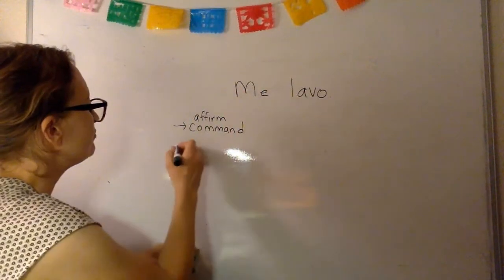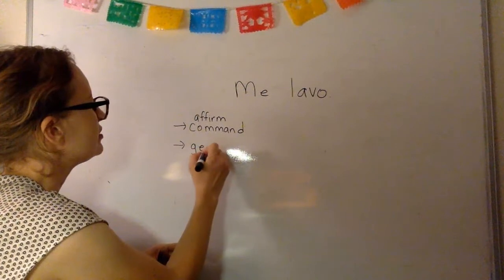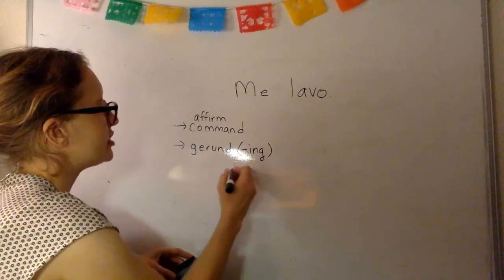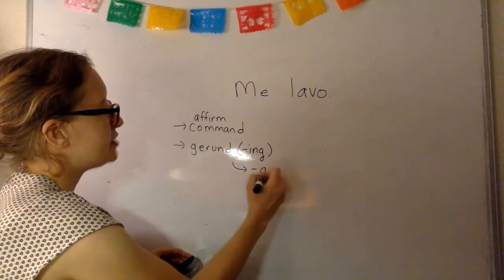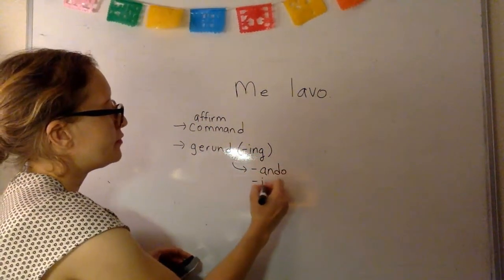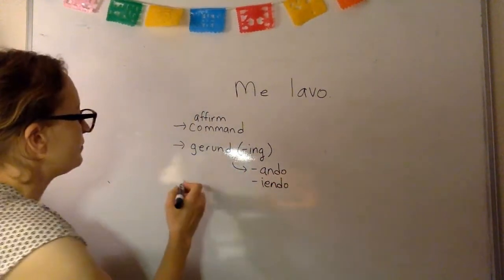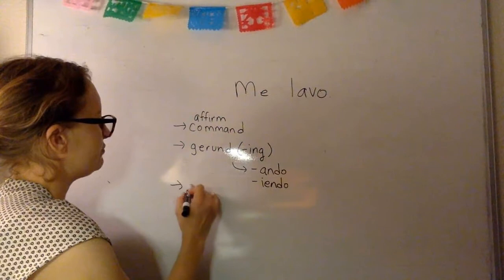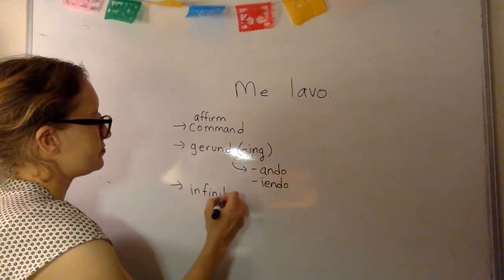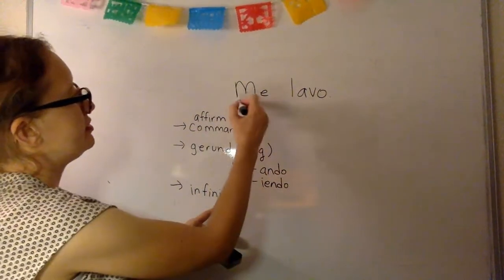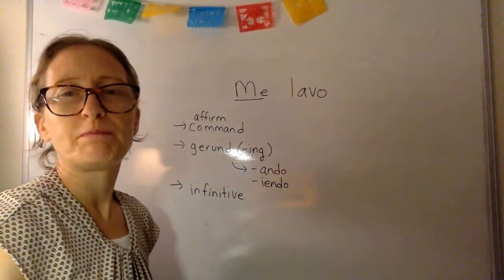If you have an affirmative command or a gerund, that's the ing form of the verb in English, and in Spanish that correlates to the ando or yendo form, estudiando, estoy estudiando. Or if you have an infinitive, the generic neutral form of the verb, then this placement doesn't work anymore.